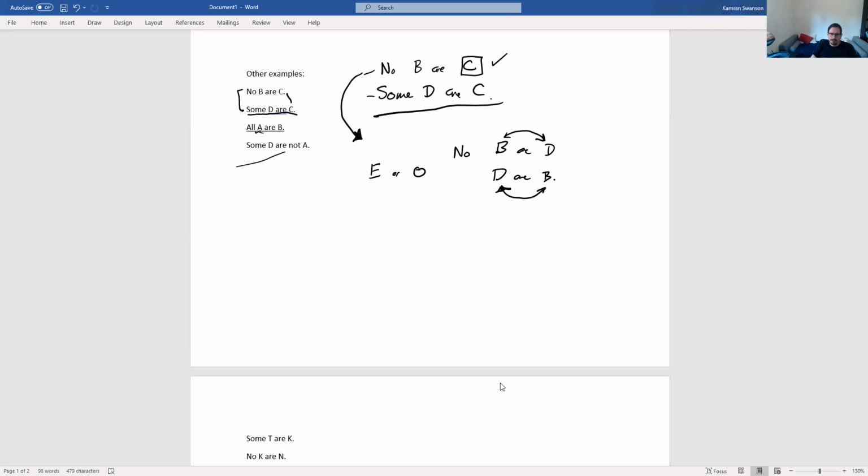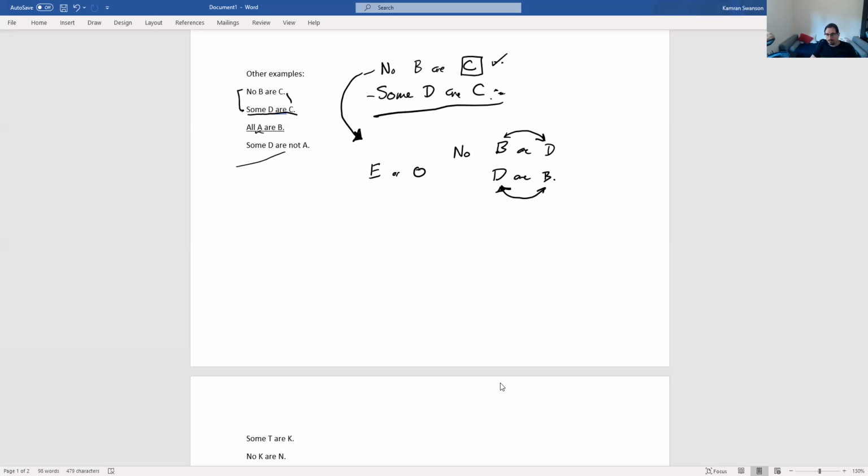In any case, it will change whether this one goes first and this one second, or this one first and this one second. But otherwise, it doesn't change the validity of the argument. It will change the mood and the figure, but it won't change the validity.